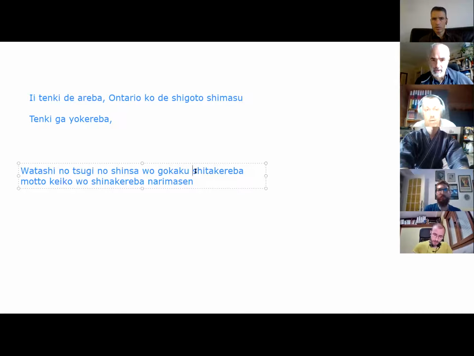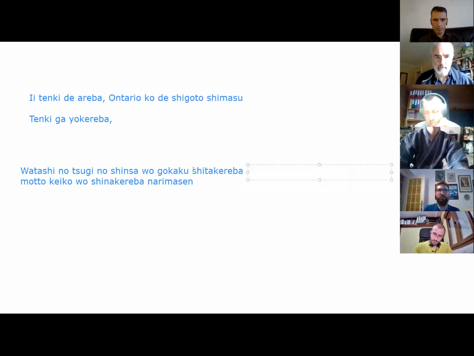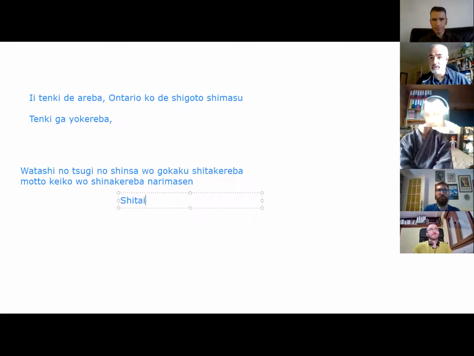Now this part here, guys, when I highlight a bit of text, can you see it? Okay. This is made up of shitai, I want to. So gokaku shitai means I want to pass.